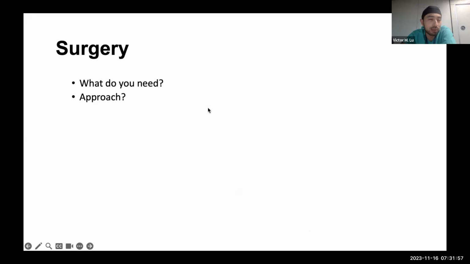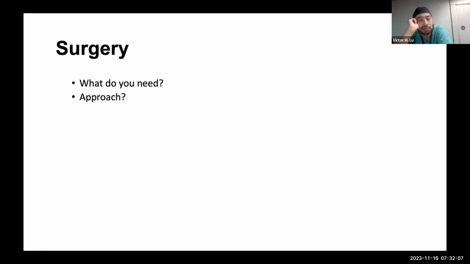Is there any particular thing you can think of that you would need for the surgery, or what type of approach? Yeah, I think for the surgery, we do a posterior approach, position the patient supine, to get neuromonitoring. I don't know if we would use ultrasound in this case.